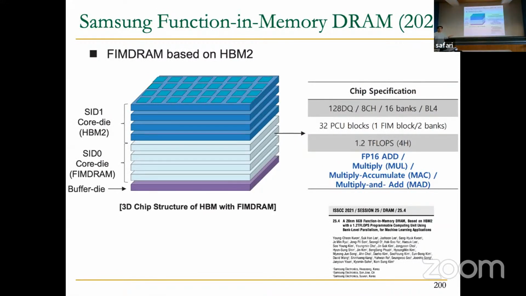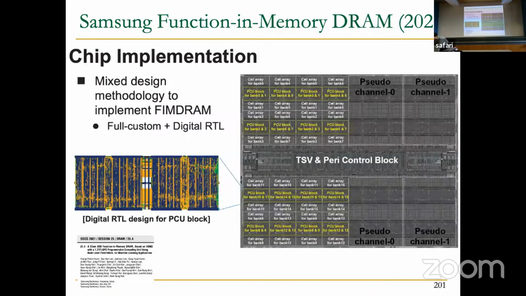But that's just one startup. Major vendors are also exploring or proposing processing-in-memory systems. We have talked here about FIMDRAM, which is based on HBM2 memory. Remember how it's implemented: we have a PCU, a processing unit, near every two memory banks.